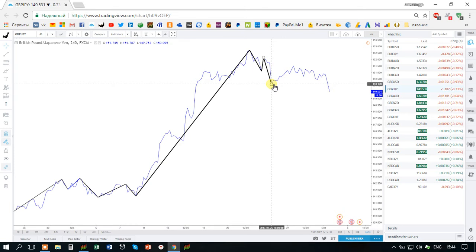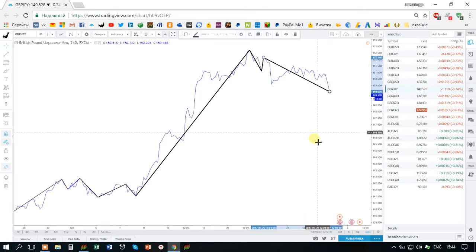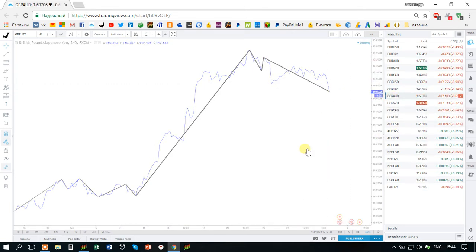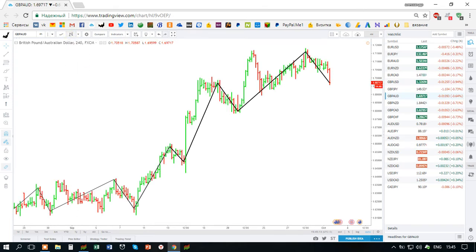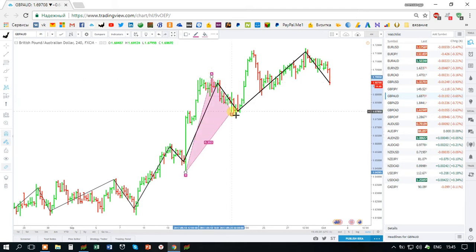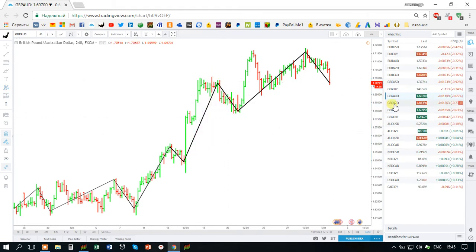Pound New Zealand, we've broken the low, nothing changes. Pound Aussie, going lower. Let me check something from here to here. 379, not good.